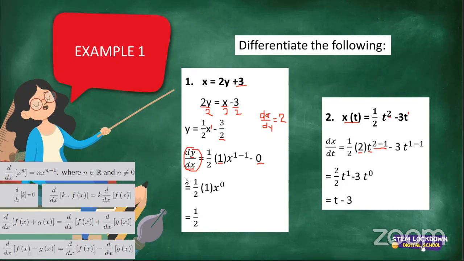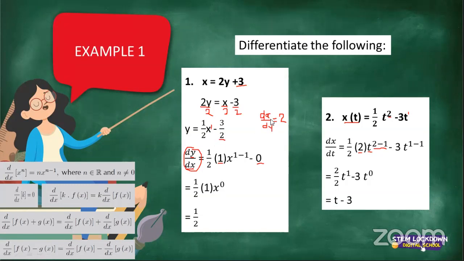But I've seen a paper where, instead of saying dy dx, they wanted you to do both. So they wanted you to find dy dx and also find dx dy. It's just to check if you understand that if I'm differentiating y with regards to x, it means on my right-hand side of my equation, I'll have terms with x and I will differentiate that.